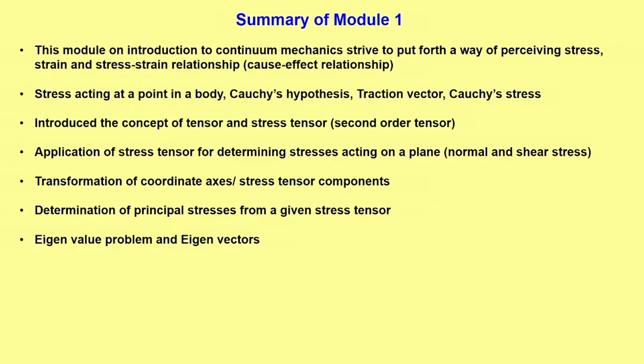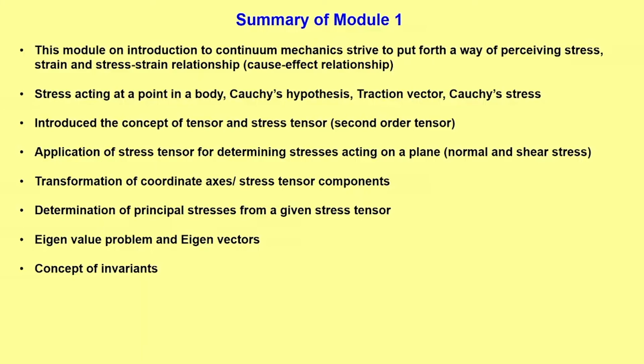When you solve the characteristic equation, the parameters of the equation are called invariants. We discussed principal stresses and also the direction cosine matrix, which we get based on eigenvectors.